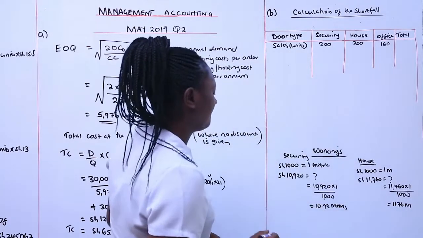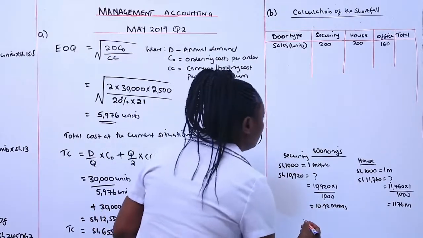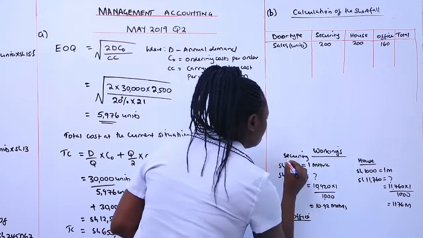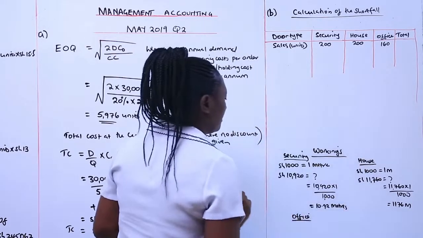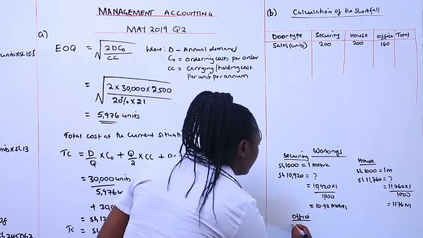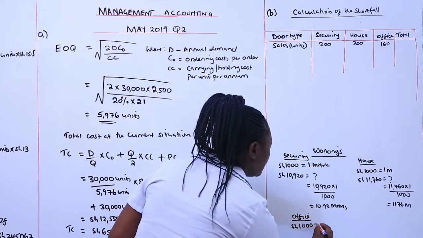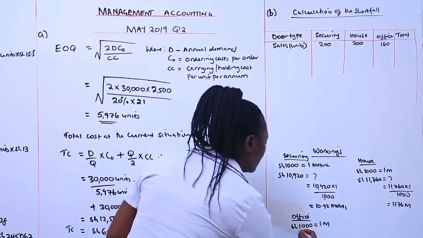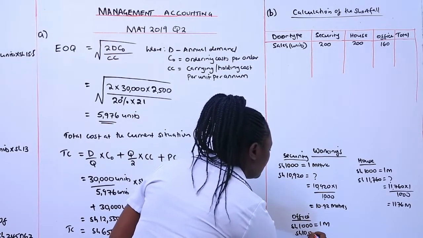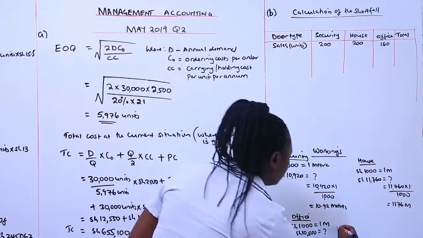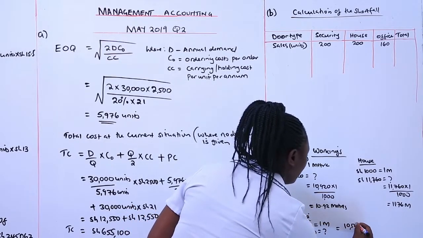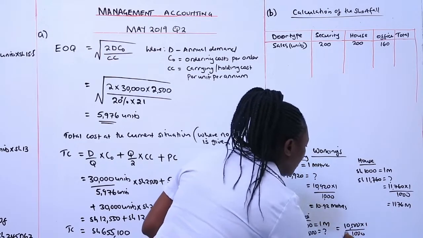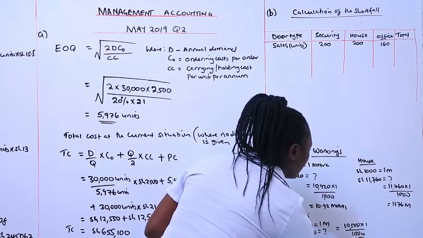That is for house. And then lastly, we do for office. If it takes 1,000 to get 1 meter, then what about 10,500? This is the same as 10,500 times 1 divided by 1,000, which will give us 10.5 meters.